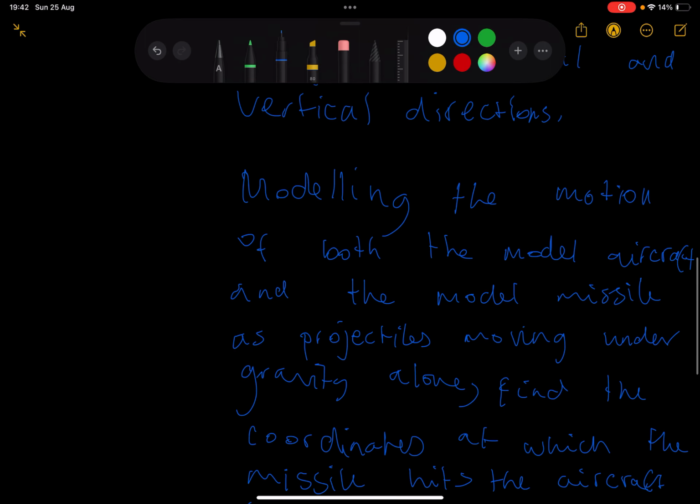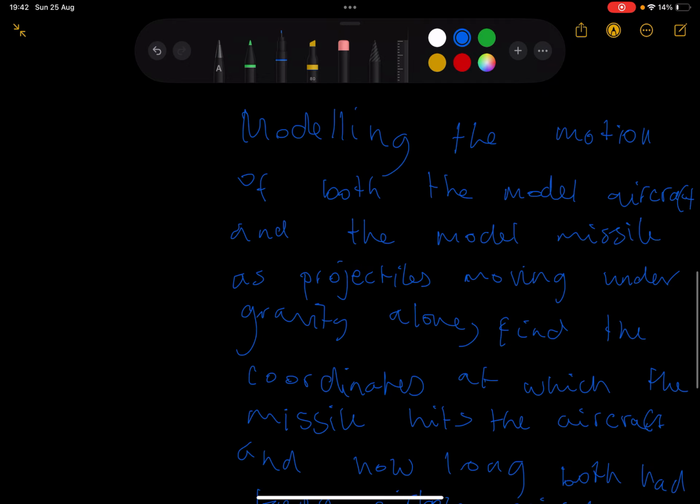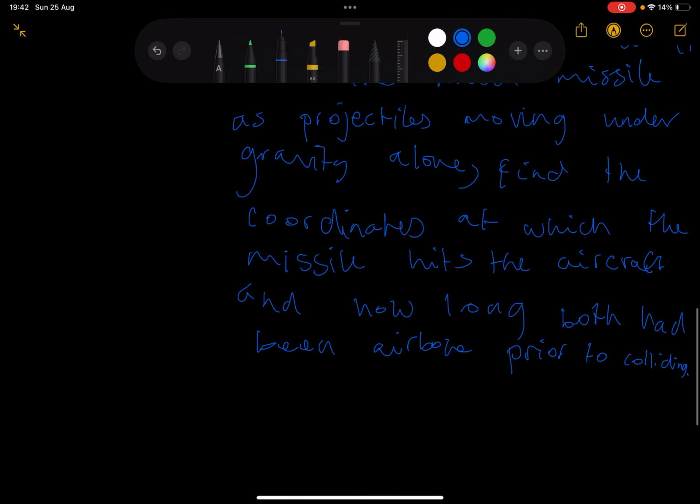Modeling the motion of both the model aircraft and the model missile as projectiles moving under gravity alone, find the coordinates at which the missile hits the aircraft and how long both had been airborne prior to colliding.